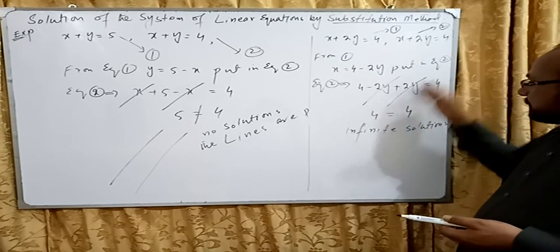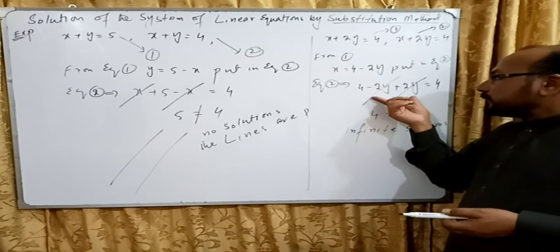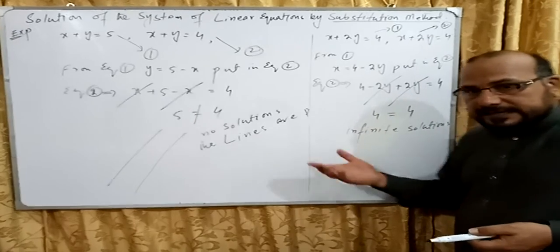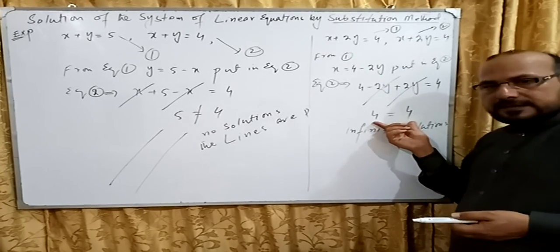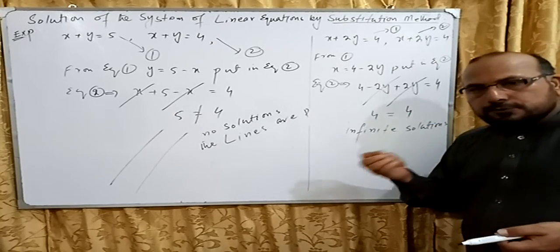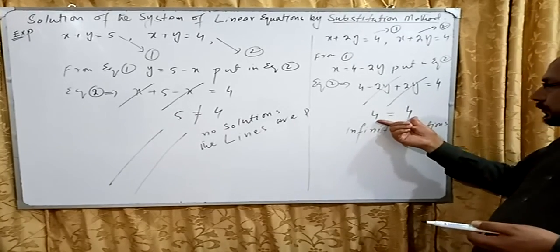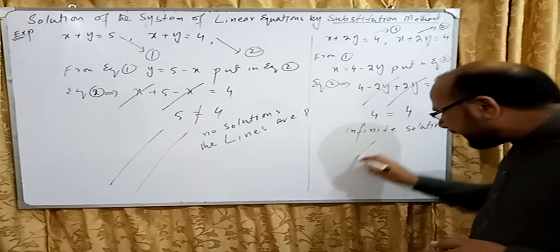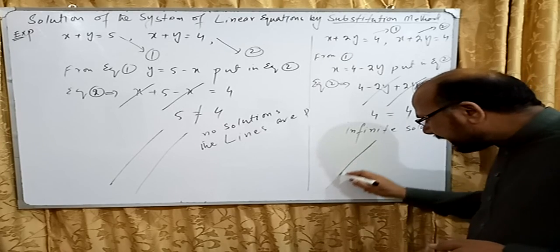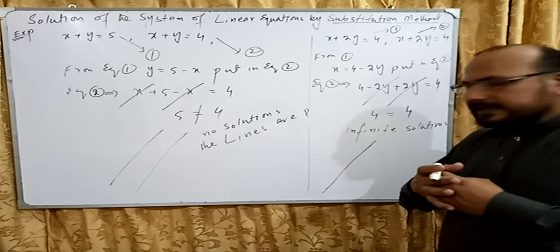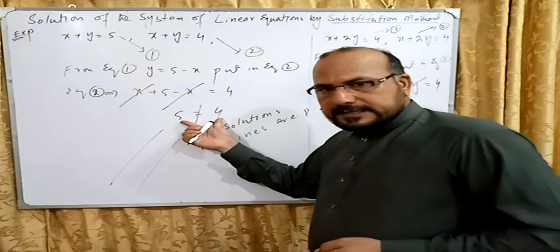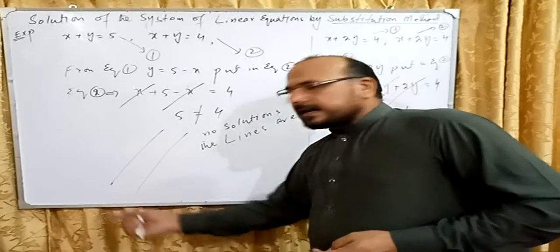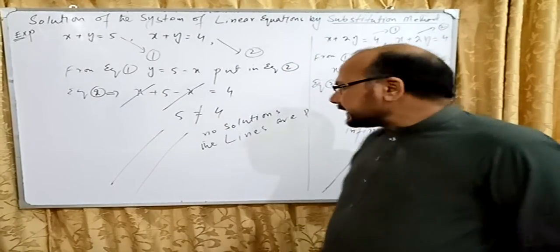After simplification, the variable again vanishes, but at the end we get a true result, 4 equal to 4. It's a true statement. So in case of a true statement, the lines are the same, so they intersect each other at infinite points. In case of a false statement, the lines are parallel and they do not intersect each other.